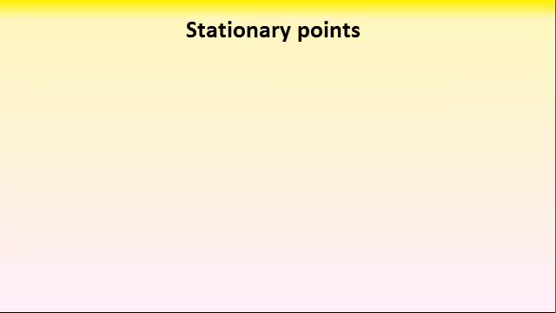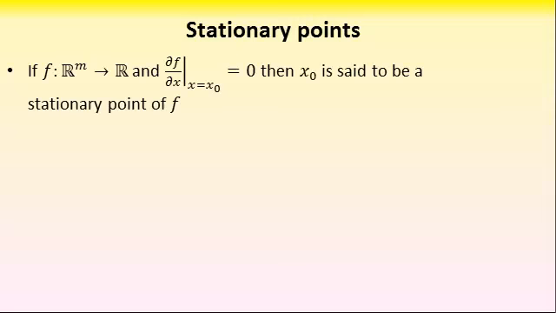To summarize this definition, if f is a function from R^m to R and we calculate the m by 1 vector of partial derivatives df/dx and we find a value of x called x0 which makes this vector into the 0 vector, that is every partial derivative is 0, then this x0 is called a stationary point of f. Just like for one variable functions, stationary points are candidates for min and max of the function.